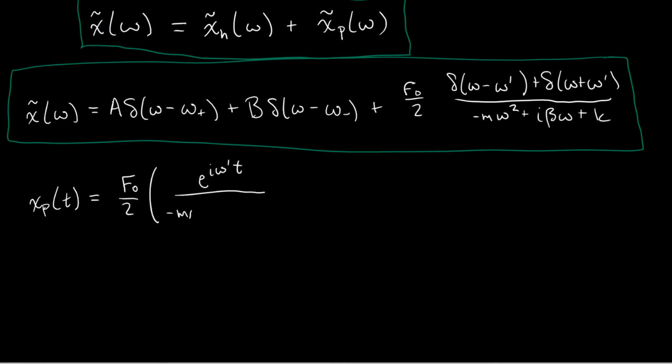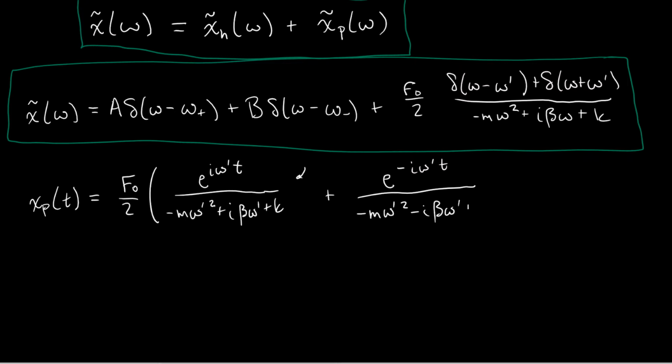I get something like omega prime squared plus i beta omega prime plus k. The delta function here just picks out omega prime, and the delta function over here is going to pick out minus omega prime. So I basically get the same thing, but with minus omega prime instead of omega prime: minus omega prime squared minus i beta omega prime plus k.